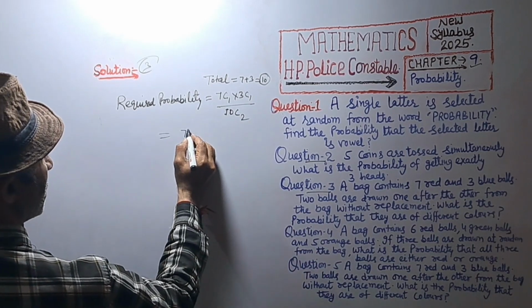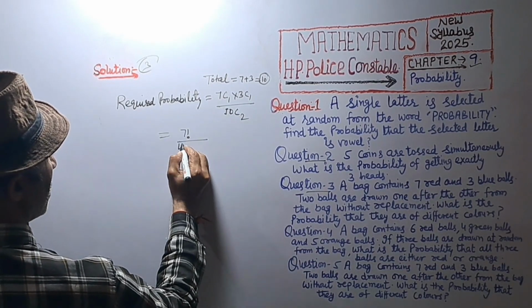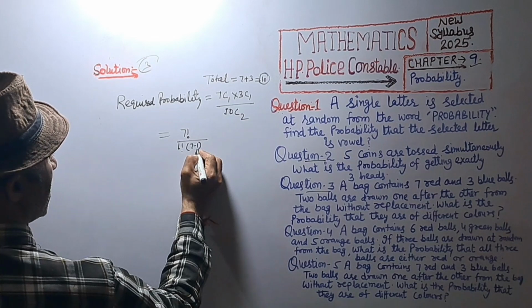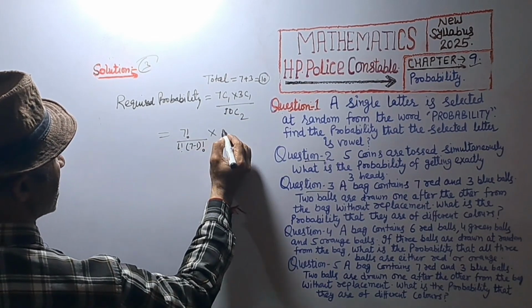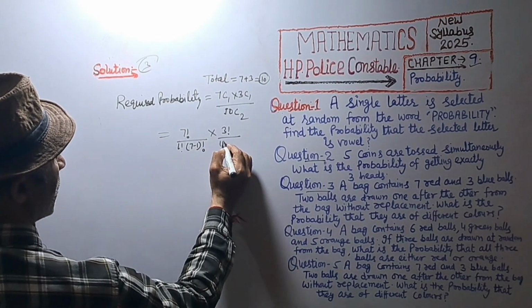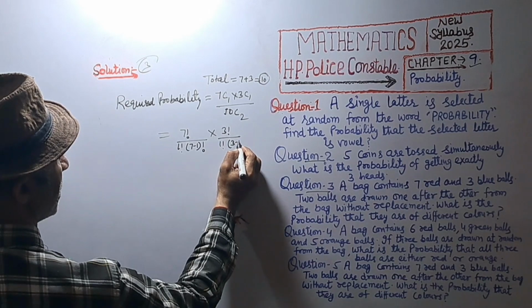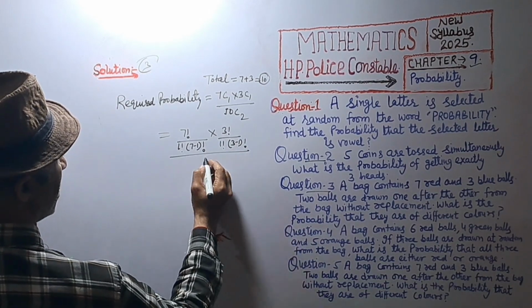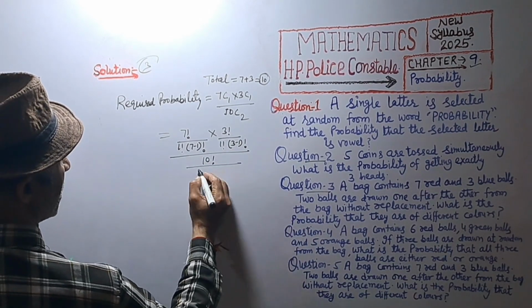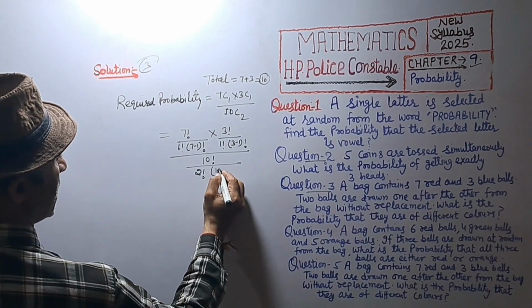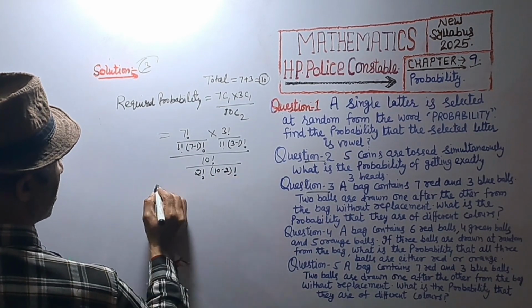That is 7 factorial upon 1 factorial into 7 minus 1 factorial, combination, and 3 factorial upon 1 factorial into 3 minus 1 factorial, divided by 10 factorial upon 2 factorial into 10 minus 2 factorial.